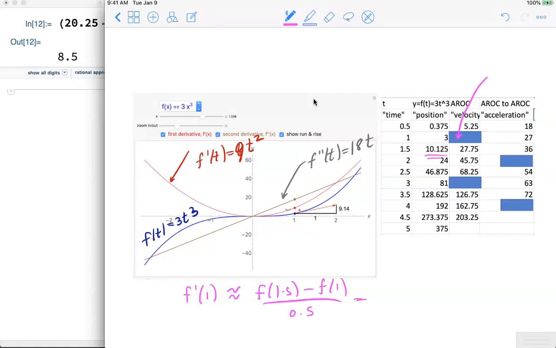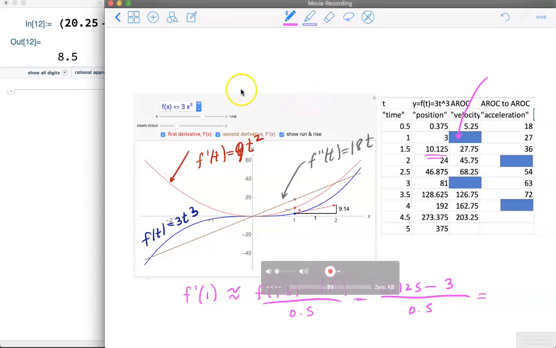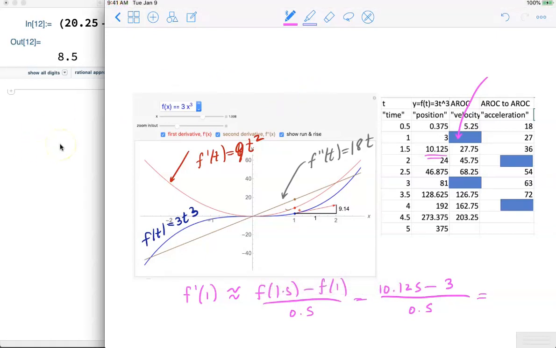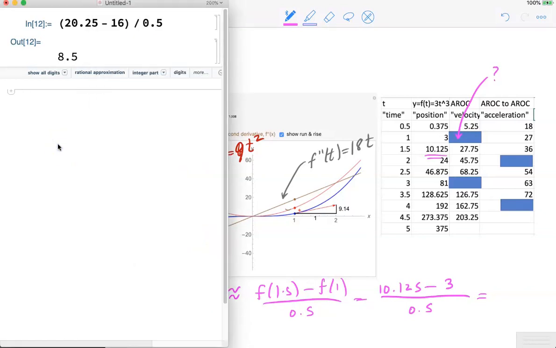The function evaluated at 1.5 is 10.125. The function evaluated at 1 is 3, divided by 0.5 again. Let's see if we can figure out what number goes in that blank, by computing on our calculator again.